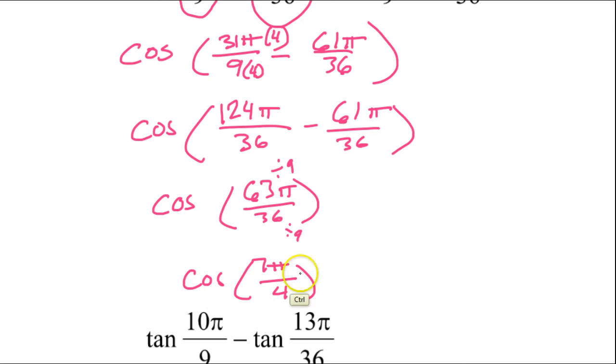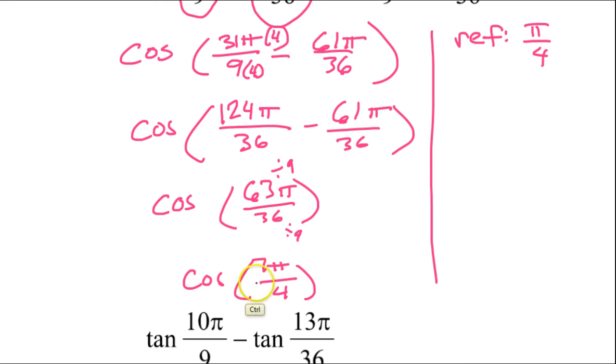Now that's a special angle, so we should be able to handle that. Of course, the reference angle is pi over 4. So that means that the cosine of 7 pi over 4 is either going to be radical 2 over 2 or negative radical 2 over 2. It's either positive or negative. It just depends on the quadrant. Now, what quadrant is 7 pi over 4 going to be in?